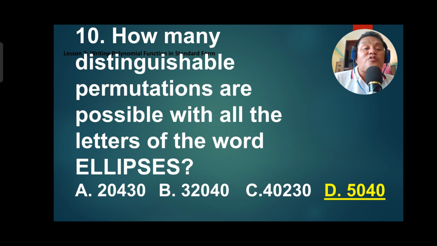We have 8 letters, divided by 2 for E, 2 for L, and 2 for S. So we have now 8 factorial divided by 2 factorial times 2 factorial times 2 factorial. Then after solving this with your calculator, we have 5,040 as the possible answer.